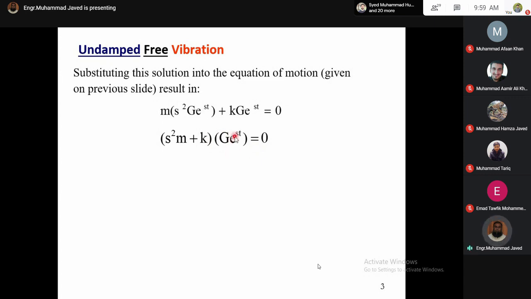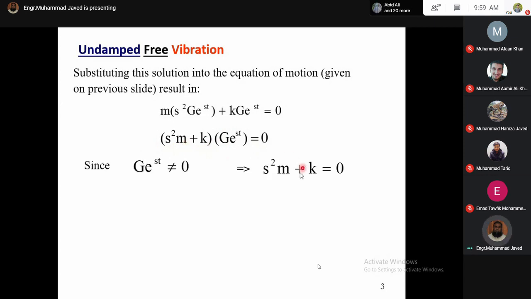This term cannot be 0 because whatever the value of t and s is, e की कोई भी पावर आप ले लें उससे आंसर 0 नहीं आता. The only possibility is that this is 0. The first one.